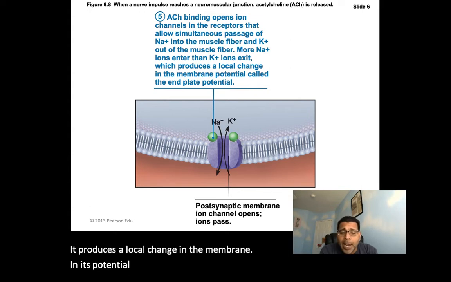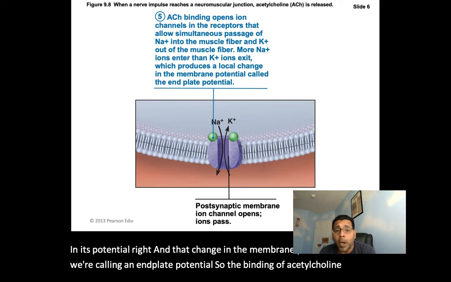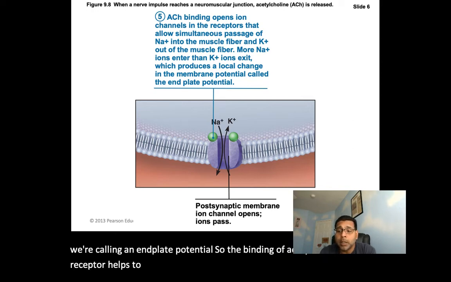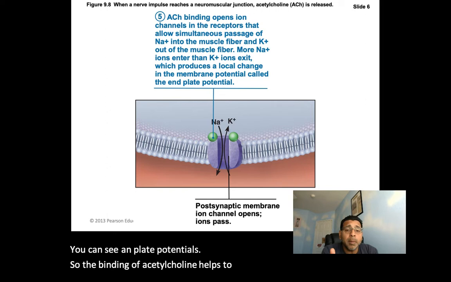And that change in the membrane potential is what we're calling an end plate potential. So the binding of acetylcholine to the receptor helps to trigger end plate potentials.